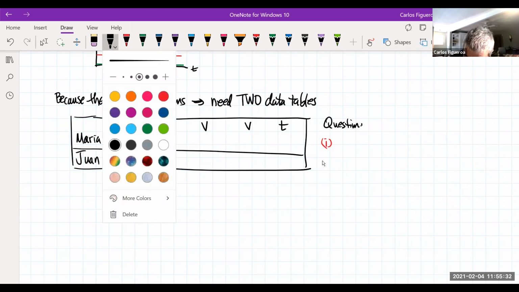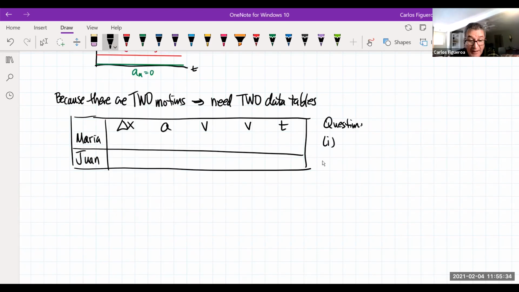What distance occurs when she passes Juan?